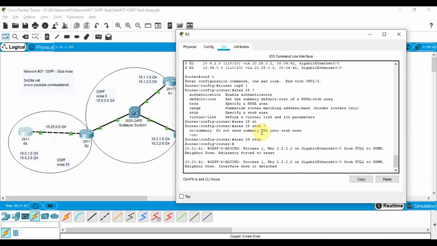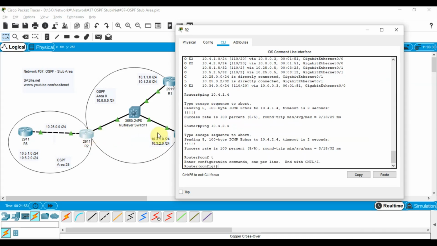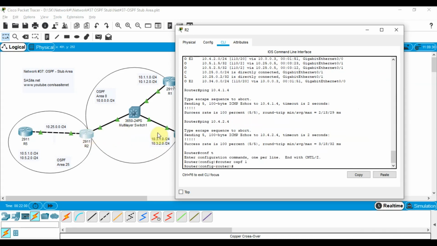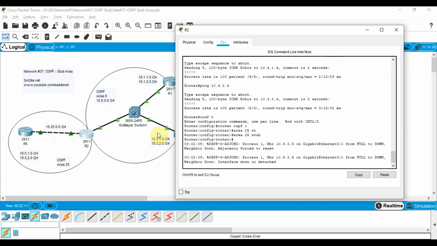You just press enter, and as you can see, the neighbor relationship goes down because one of the attributes in a hello packet is the stub status of the router. So to bring up the routing, we have to go to R2, global config, under router OSPF 1, go to area 25, and this time also stub.